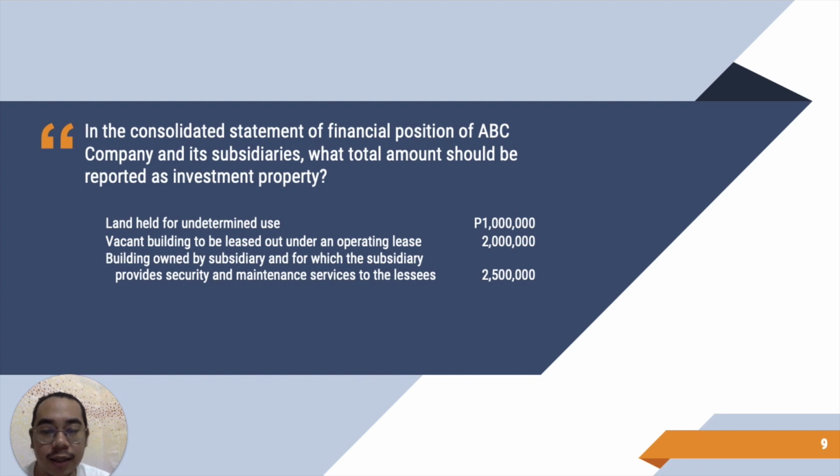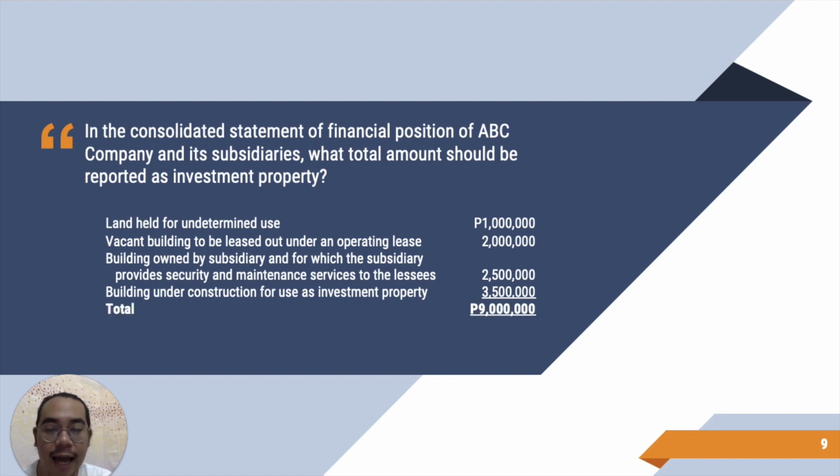Tapos take note that the security and maintenance services, they are ancillary services, but for this one, they are not significant. So, pag not significant, investment property yan. That's 2,500,000. And finally, yung building under construction for use as investment property, 3,500,000, for a total of 9 million pesos. So, ang total investment property sa consolidated statement of financial position ng ABC Company is 9 million pesos.